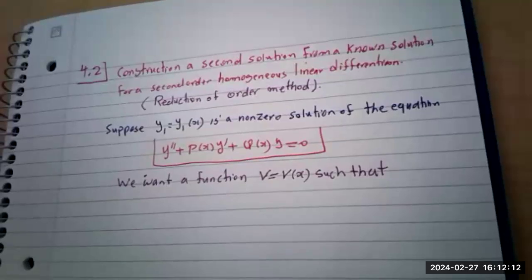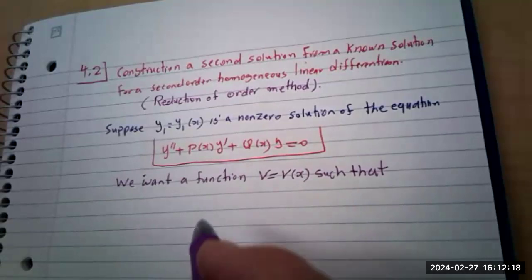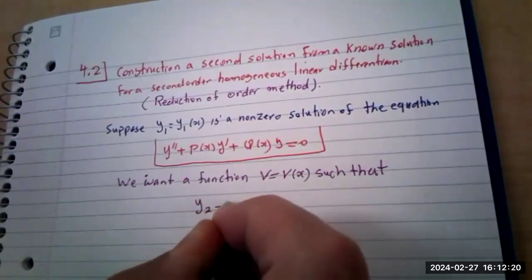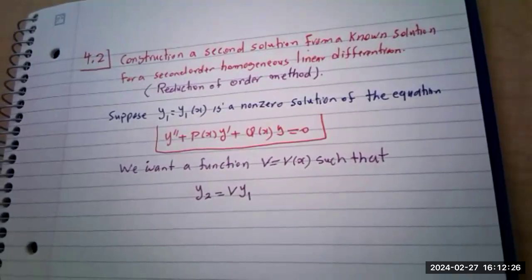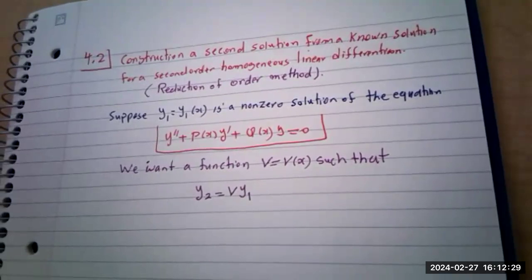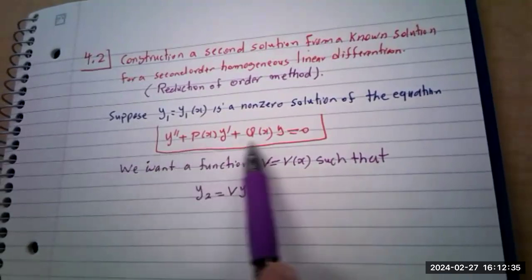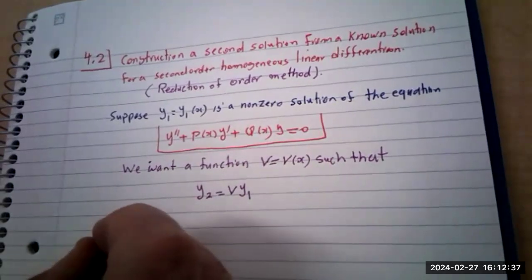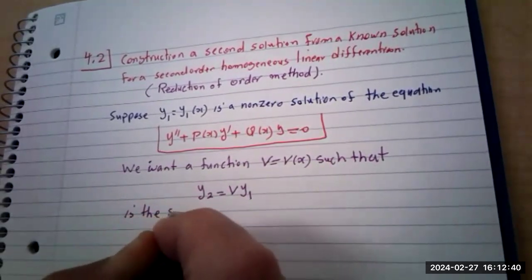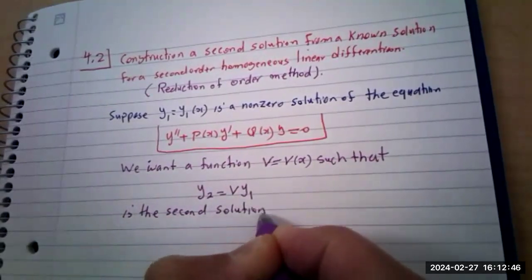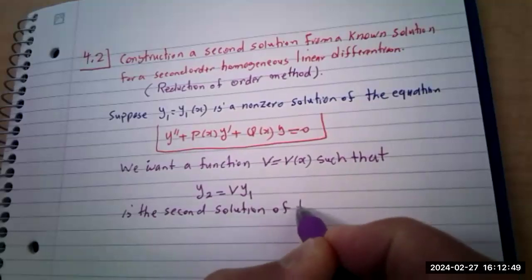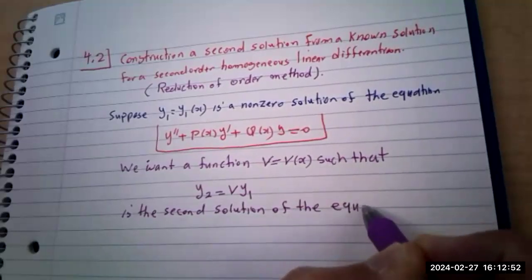So the proposal is this: I'm going to find the function v such that y2 equals v times y1. Remember, y1 is already given to you. So I'm going to find the function v so that this y2 equals v y1 is a solution of the differential equation, the second solution of the equation. So that's the suggestion.